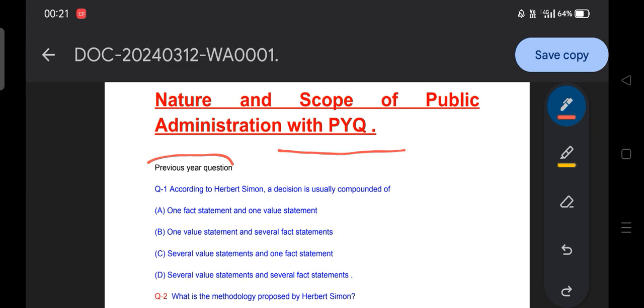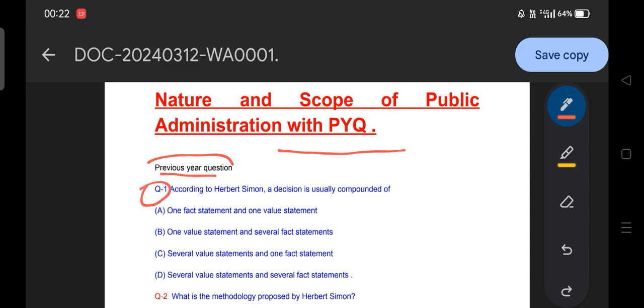They will help us understand the pattern of questions related to the nature and scope of public administration, because first we have to understand the questions from this topic, and on the basis of these we'll cover the concepts. It will help us save our time and work very smartly. I hope you will agree with this point. With this note, let's start the previous year questions.